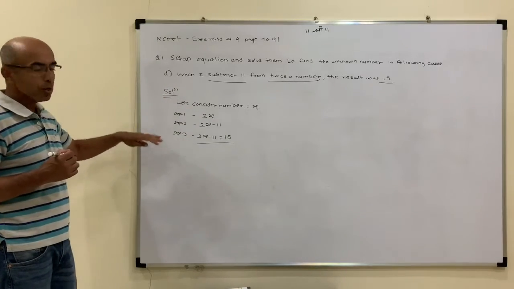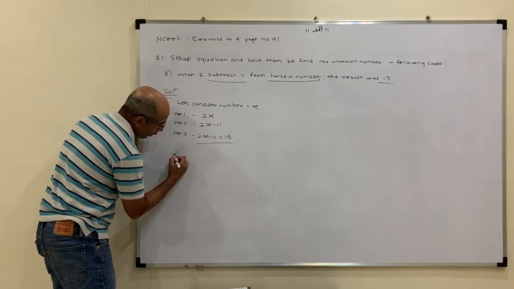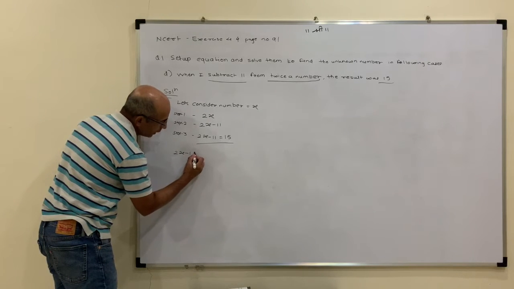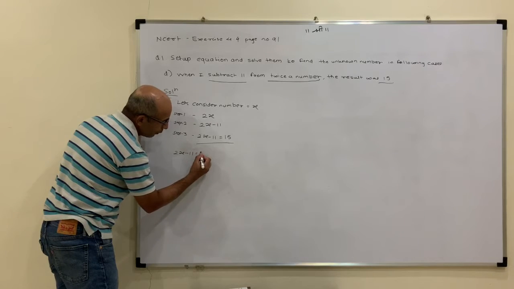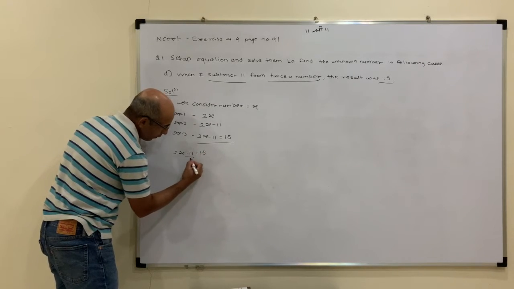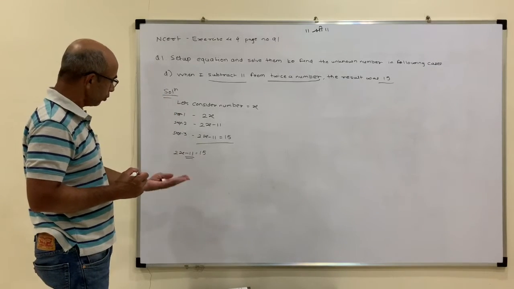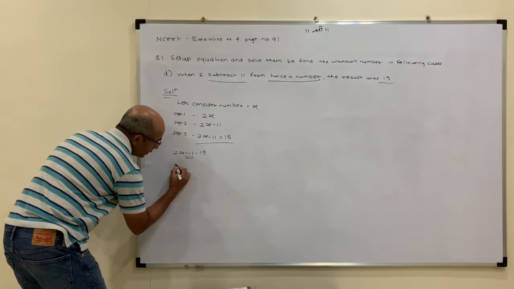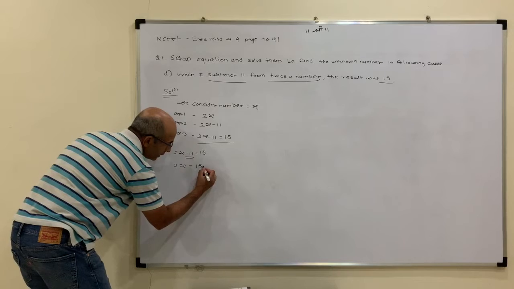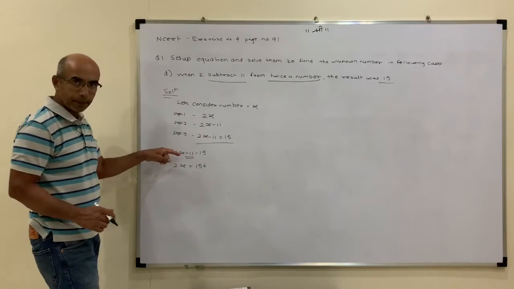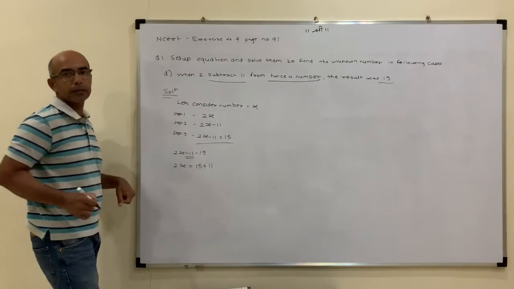Now I am going to solve this equation. So to solve, 2x minus 11 equals 15. So first I'll transpose this minus 11 from the left hand side to the right hand side. So my equation will be 2x equals 15. Since it was subtracted on the left hand side, it will be added on the right hand side.